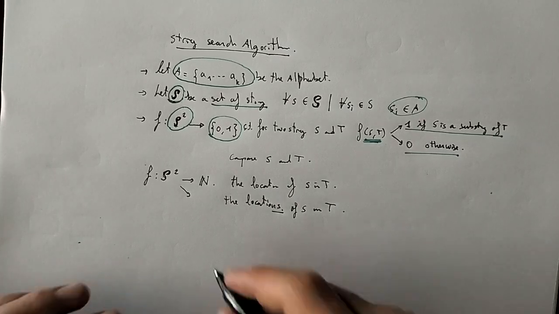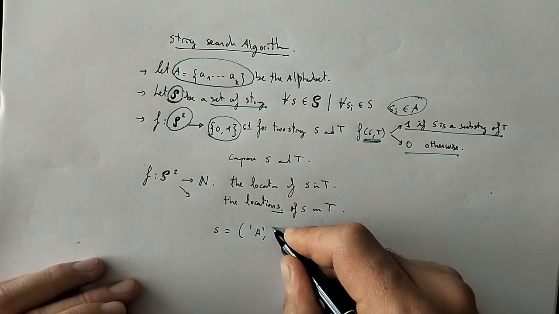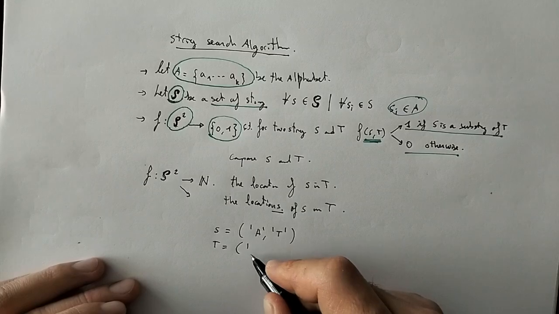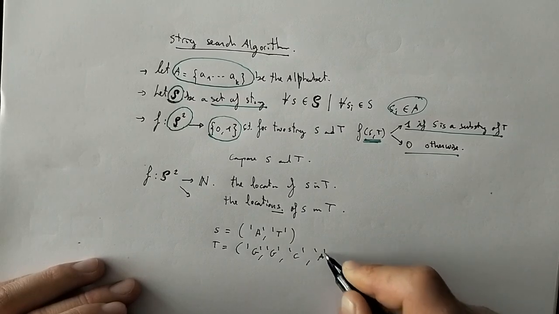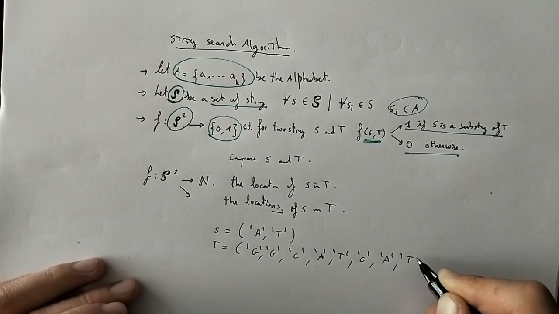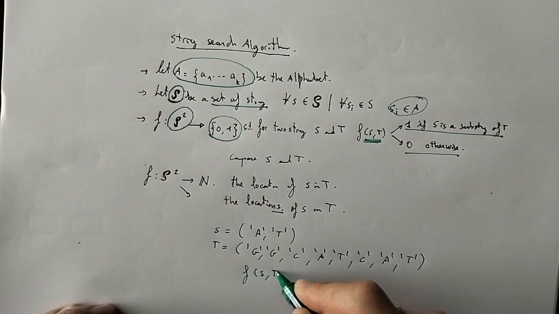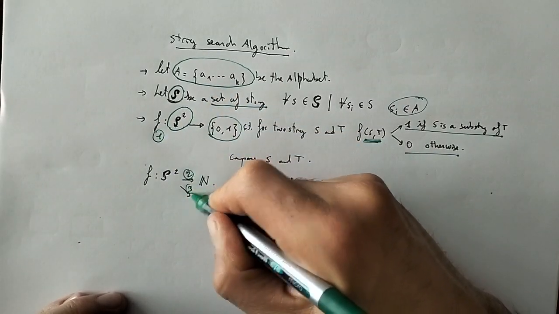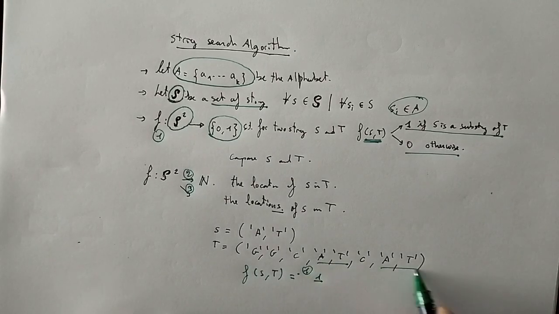Now let's write a little example. Let's imagine that S is equal to AT, and let's imagine that T is a sequence with G, C, A, T, C, A, T. Now, if we apply f on S and T, if we consider the first case, the output is going to be 1 because we have AT and AT here.